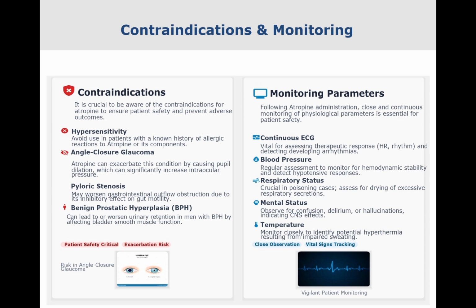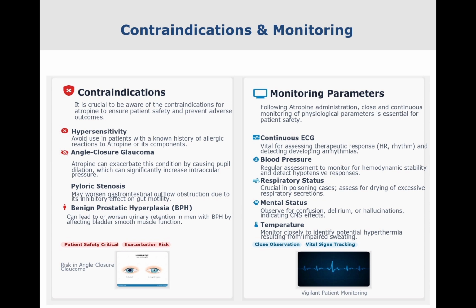Similarly, in patients with mechanical obstruction of the gastrointestinal or genitourinary tracts, such as pyloric stenosis or benign prostatic hyperplasia, atropine can exacerbate the obstruction, potentially leading to complete urinary retention or paralytic ileus.